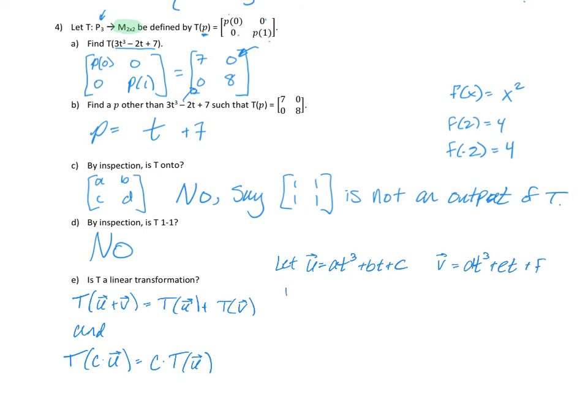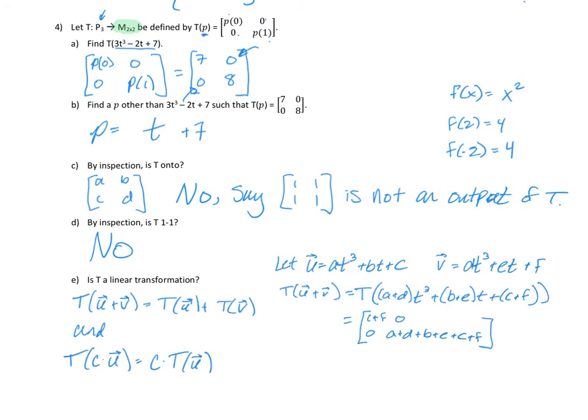All right, so I'm going to calculate T of U plus V. You add U and V together, and you would get T of (a plus d) t cubed plus (b plus e) t plus (c plus f). So it's T of all that. Put the zeros in: P of 0 would be c plus f, and P of 1 would be a plus d plus b plus e plus c plus f.